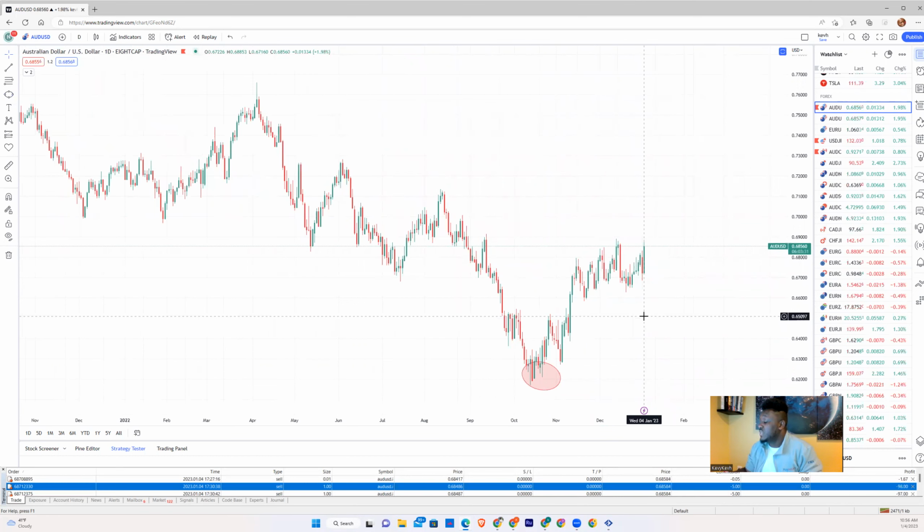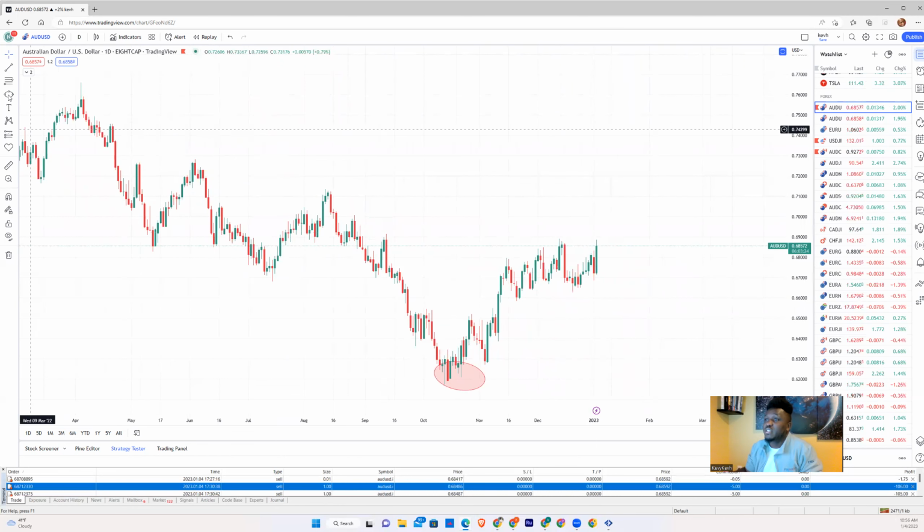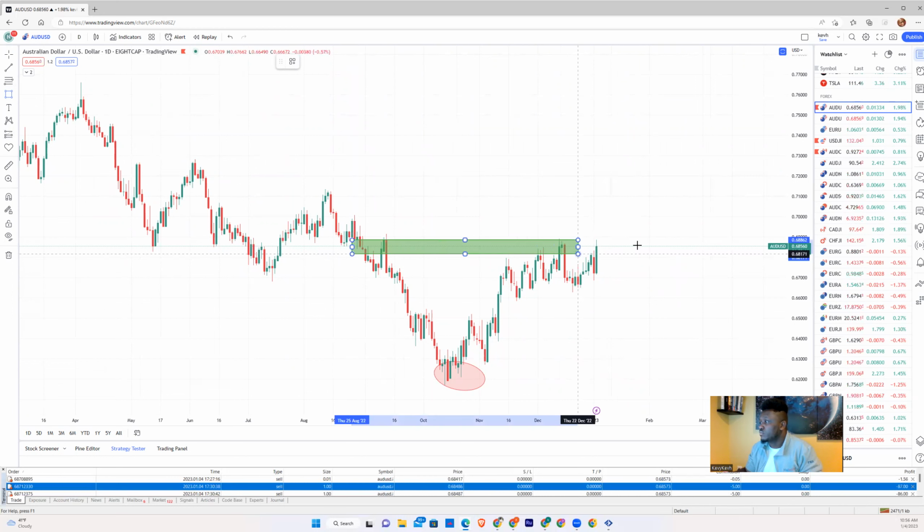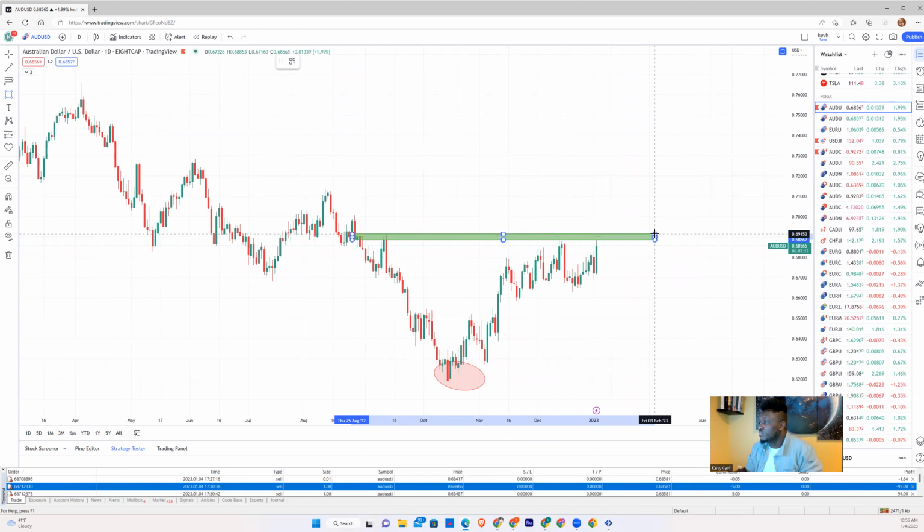On the daily time frame, I believe this market is going to break this area right here. That is our current support resistance level, our current resistance.